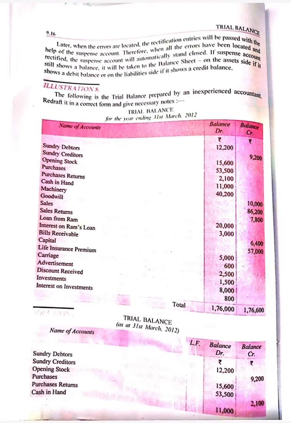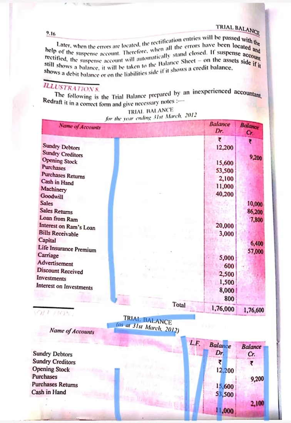The rules for preparing a trial balance are the same. Here, trial balance and date, then column names: account, LF, and balance, debit and credit. First of all, the items will be shown serial-wise: sundry debtors, creditors, opening stock, everything. Now sundry debtor, it is an asset, so it will be debited.